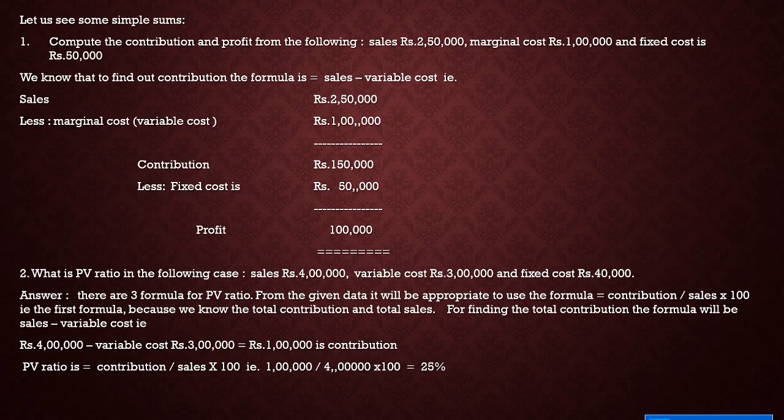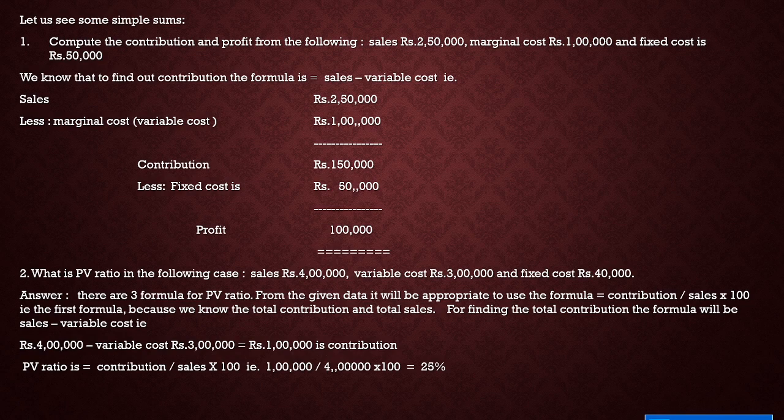Here we don't have two sales, we don't have two profits, which means we cannot use the third formula. In the same way, we cannot use the second formula also, where you need per unit data. In the sum, we cannot see per unit given. Therefore, we use the first formula, contribution by sales into 100.